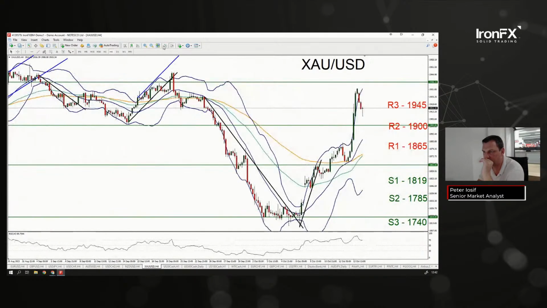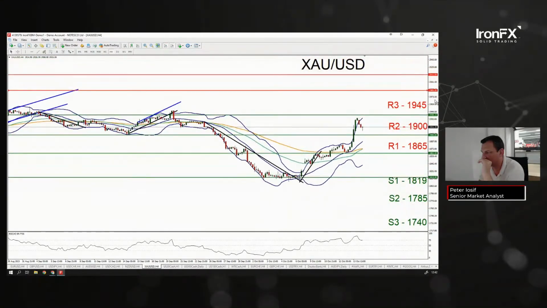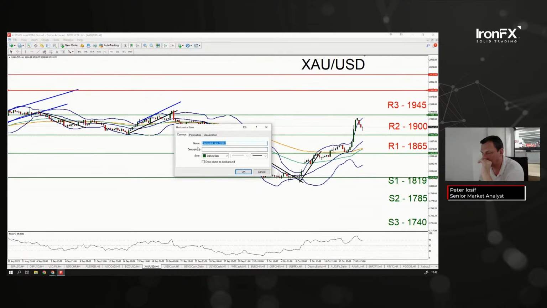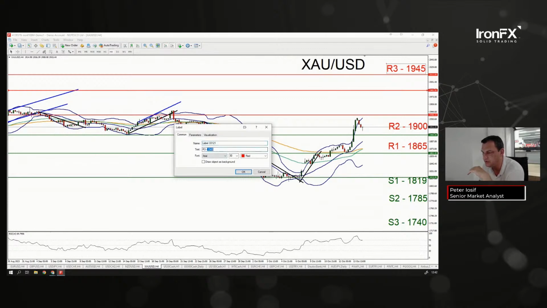We are adjusting the chart. Let's set the new labels, starting with the R3 at 2015.